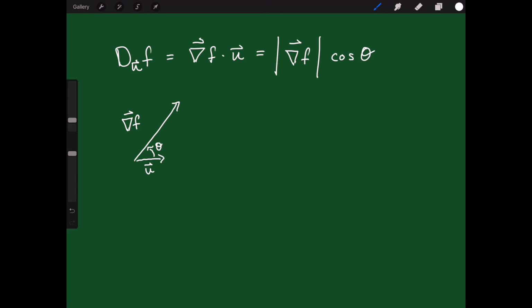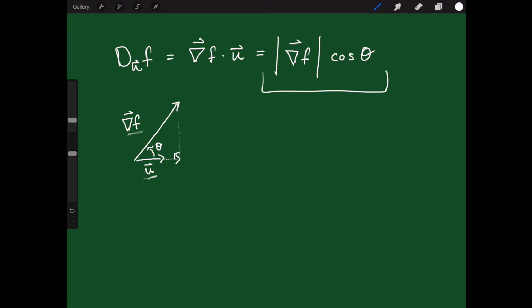What I know is this number that comes out is the magnitude of the projection of the gradient onto u. So I project down at a right angle, and I'll get a vector that is the projection of the gradient onto u. What's the length of that vector?